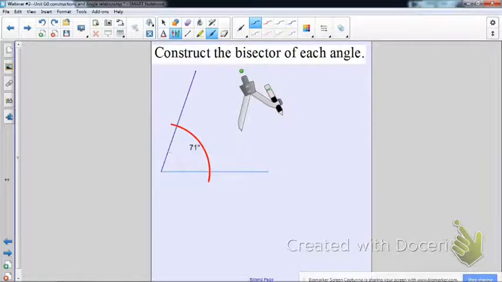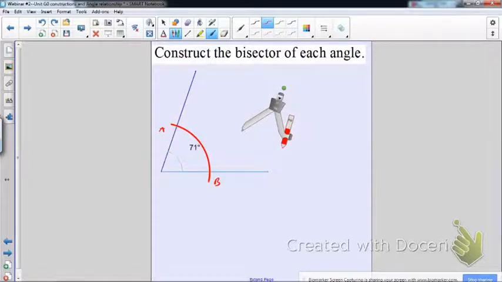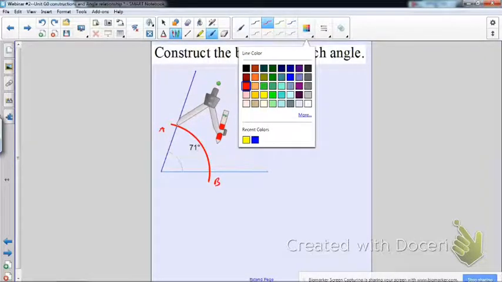So having done that, it gives us two new points. We'll call this one point A and we'll call this one point B. And what we want to do is, with the same distance, go from A and create an arc. We'll make it green this time. And we're going to create an arc here.